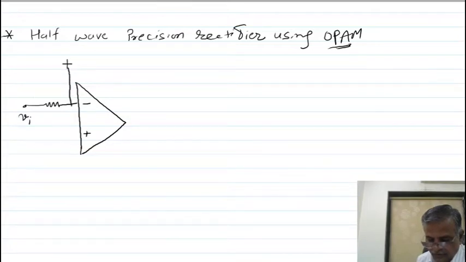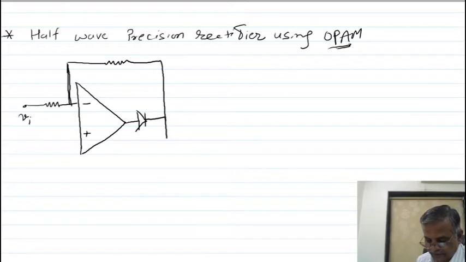This is your feedback resistor. Here I am keeping one diode. This is RL, the load resistor across which output voltage VO is to be developed. This diode I am writing D2.